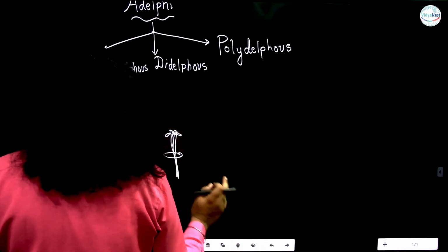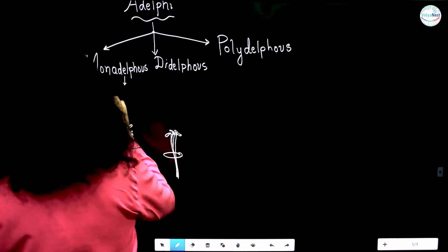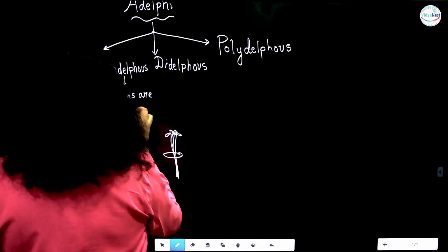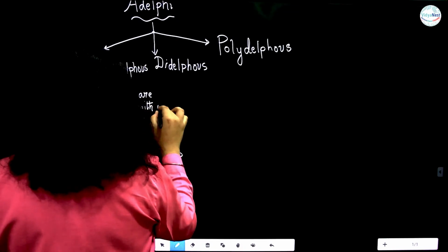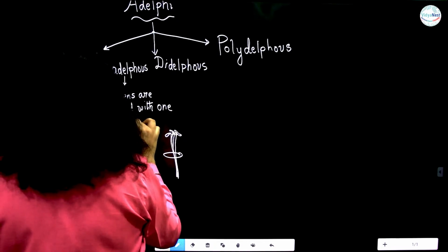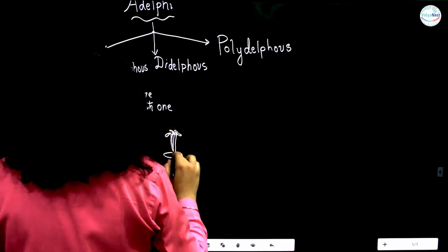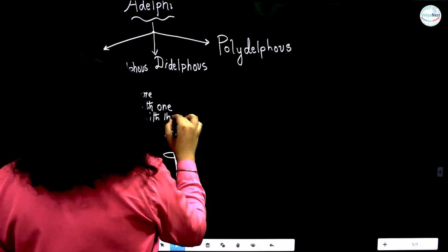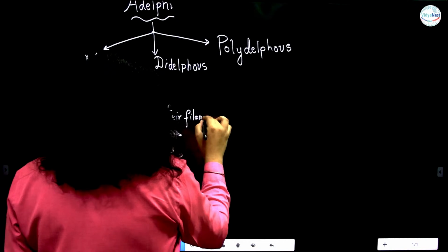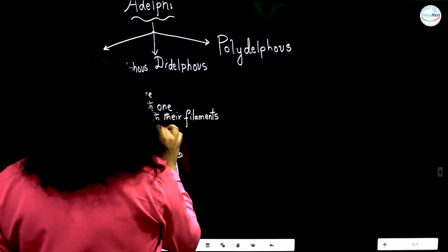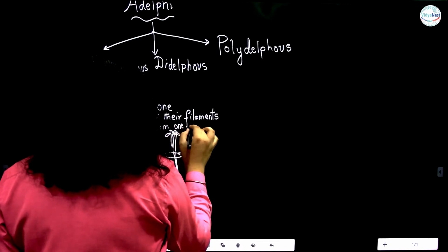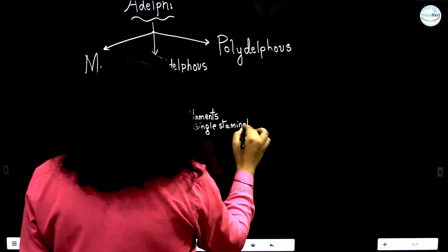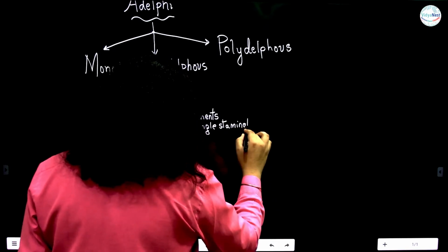The stamens are united with one another with their filaments to form a single staminal column.